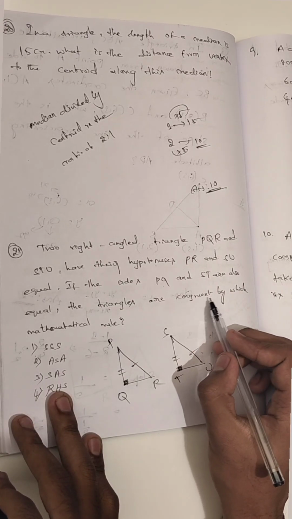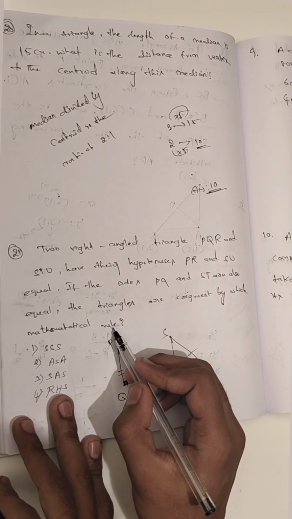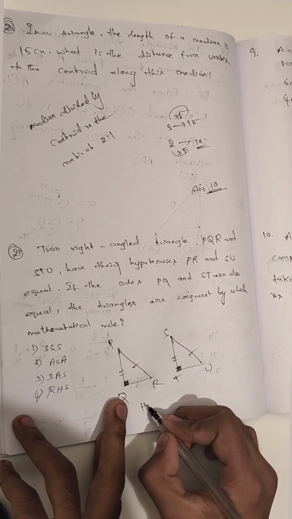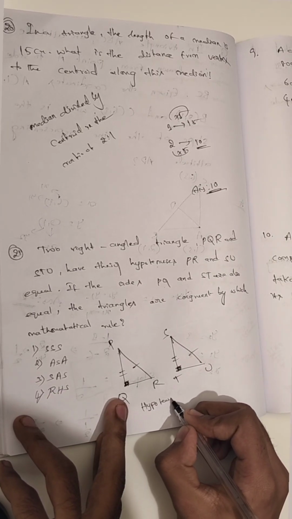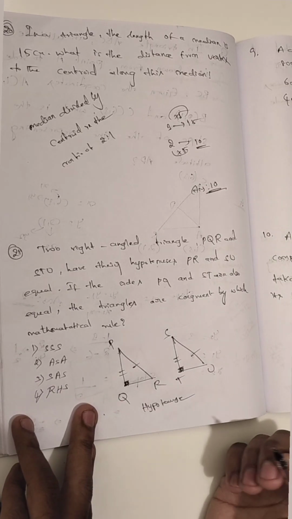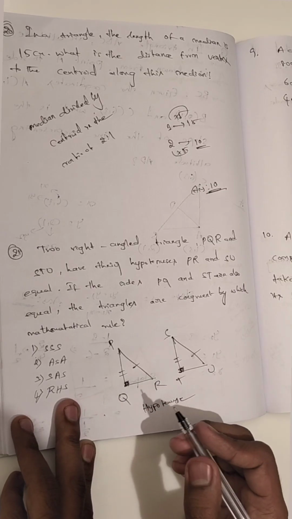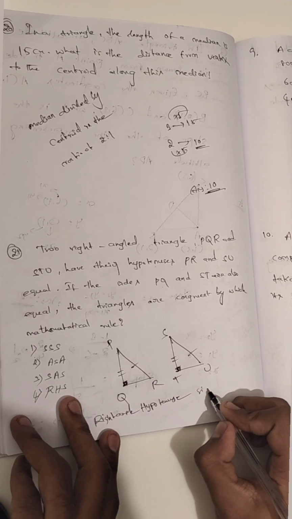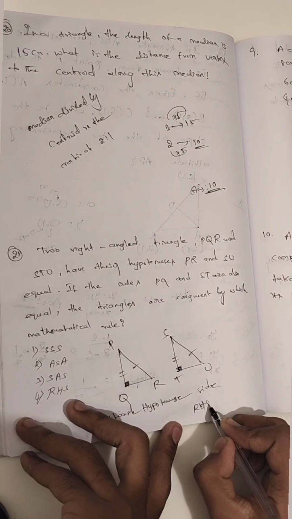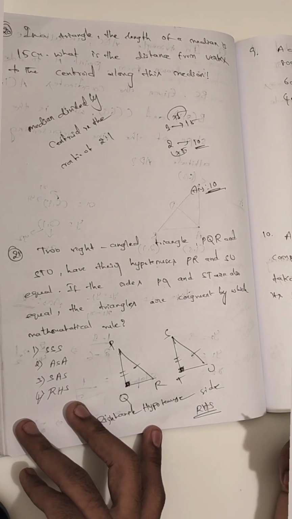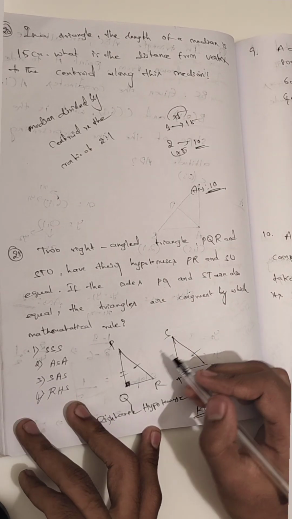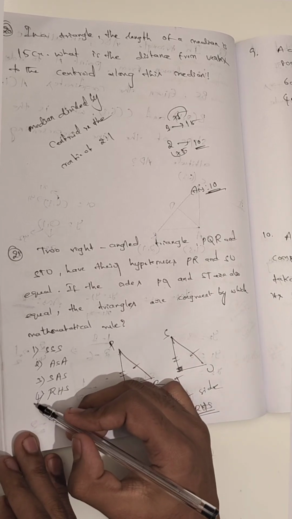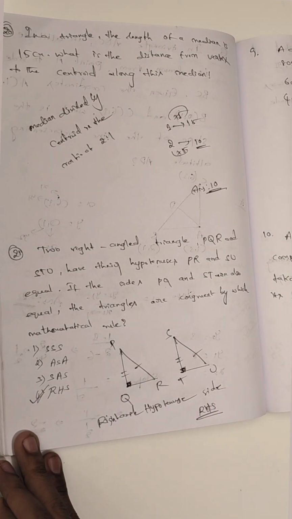The triangles are congruent by which mathematical rule? Here the hypotenuse is the same and right angle and side. That means RHS is the mathematical rule to prove these two triangles are congruent. The answer for this question is RHS.